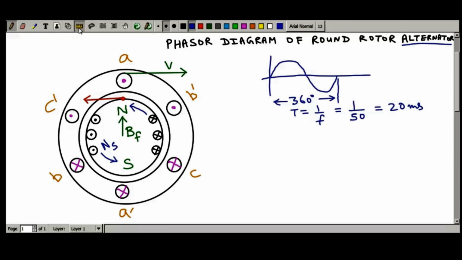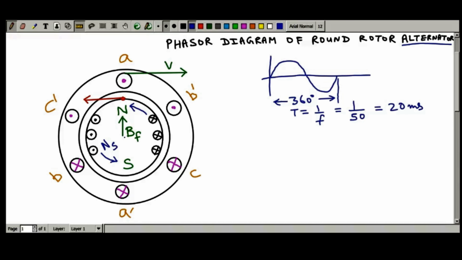Why will coil AA dash carry the peak current? Because induced EMF is maximum in coil AA dash. But yes, it is also true that after some time, when the rotor has rotated by 120 degrees in the anti-clockwise direction, the peak of coil BB dash will happen, and in that case the armature MMF will be aligned with the magnetic axis of coil BB dash.